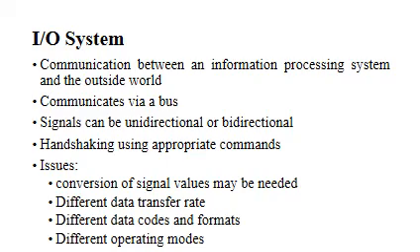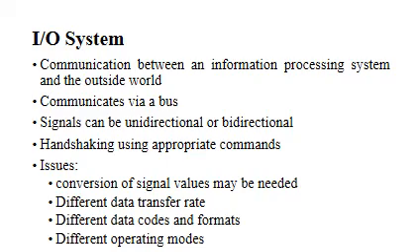The major issues that may arise here are, first, peripherals are electromechanical and electromagnetic devices, and CPU and memory are electronic devices. Therefore, a conversion of signal values may be needed. Secondly, the data transfer rate of peripherals is usually slower than the transfer rate of the CPU, and consequently, a synchronization mechanism may be needed.